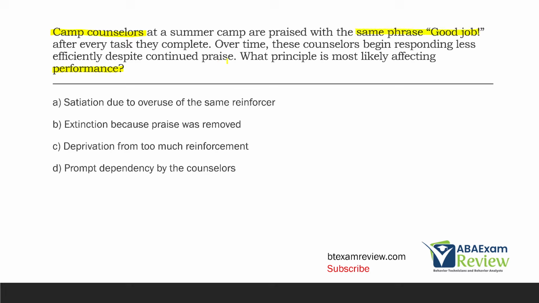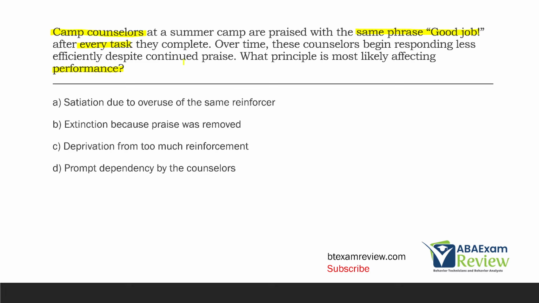"good job," every time. Now, when we use the same reinforcement every time, especially every task, so in FR1 continuously, what can tend to happen with that reinforcement? Well, our client, or in this case the counselors, can start to get tired of it, so to speak, or can start to lose its effectiveness. And that's what's happened.